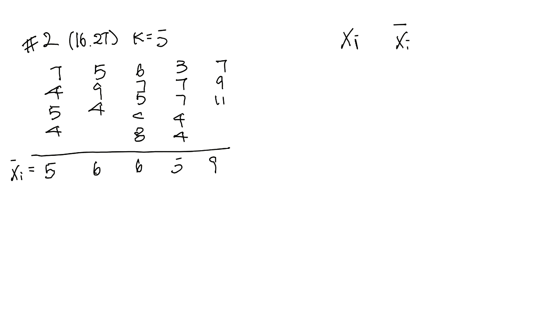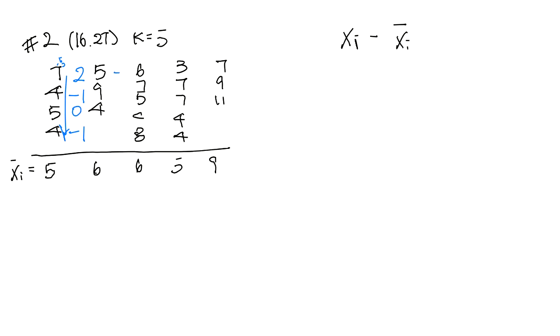We need the differences. Let me change the color. Minus 5, so 2, negative 1, 0, negative 1. What did I say? The sum without squaring must be 0. Good.